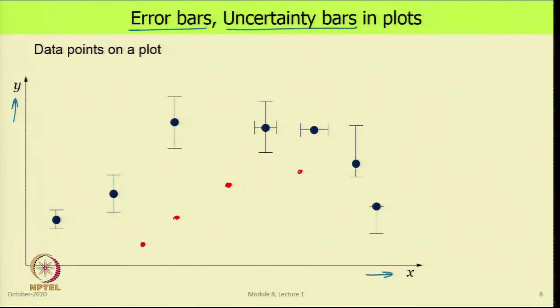Most graphs that you would see would just have these things on, and this information is incomplete because the uncertainty has not been reported, and plots where uncertainty is not shown should be taken with a healthy dose of skepticism. So, how do we show uncertainty in this plot?